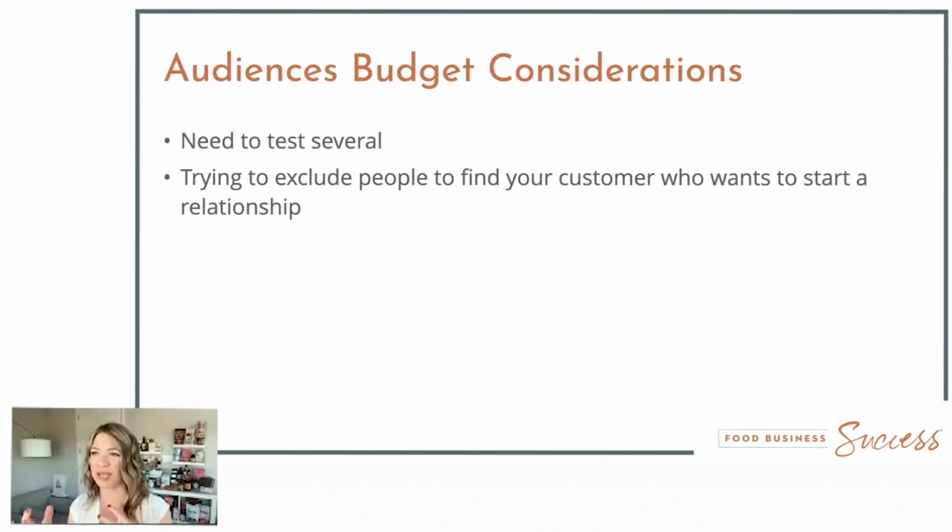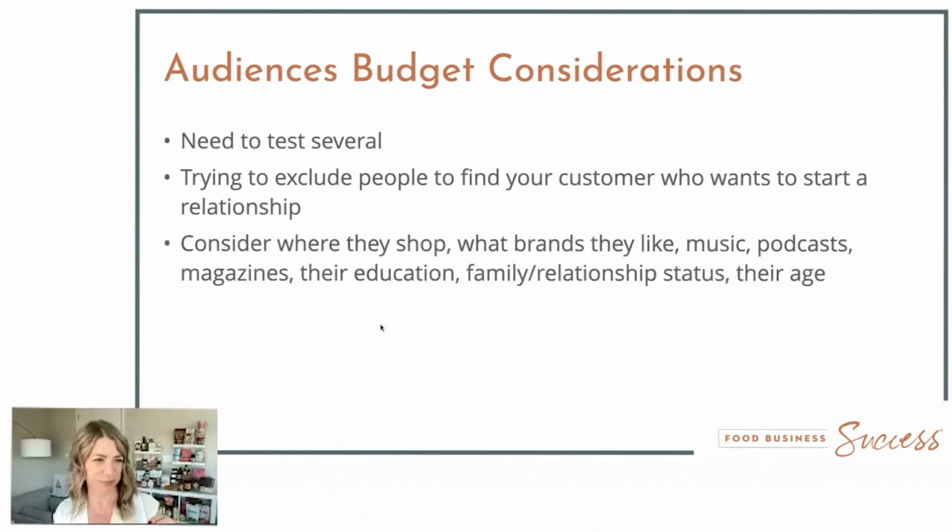Or you can exclude people too. So you could exclude people who drive Chevys or something, right? So you can try to exclude people to help narrow that in. So you can do the and, like must meet all of it, or you can also exclude.